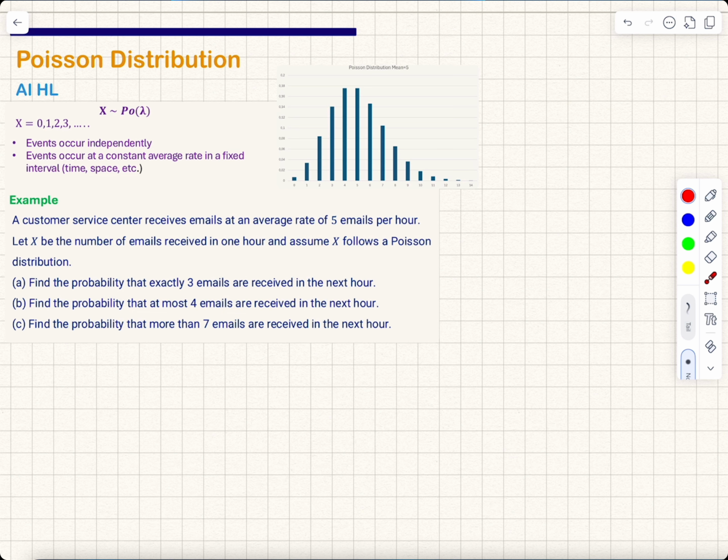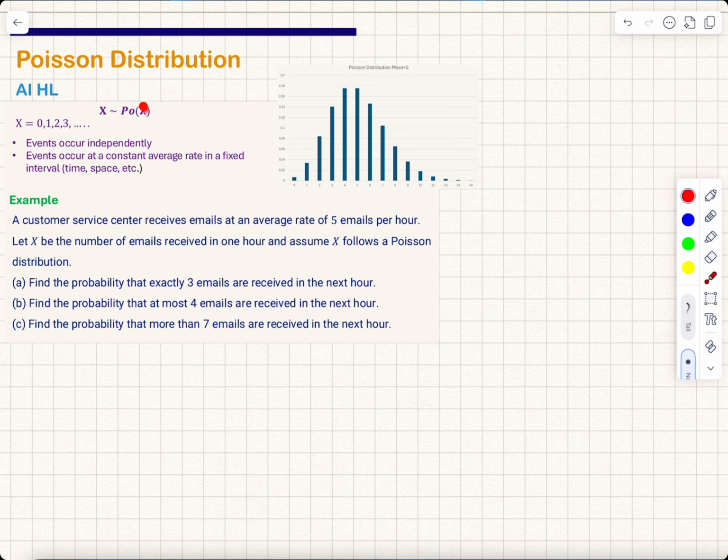Or like in our example, the average number of emails received per hour. So you always have this word per, like average in a unit of time. Or it could be a unit of space, like the number of people living per square kilometer, for example.